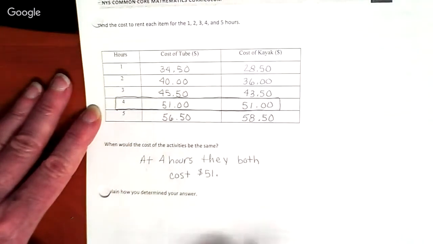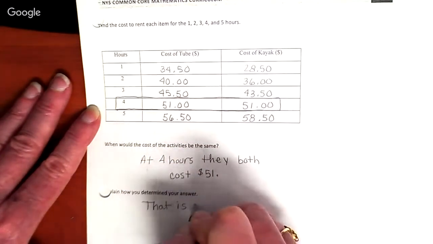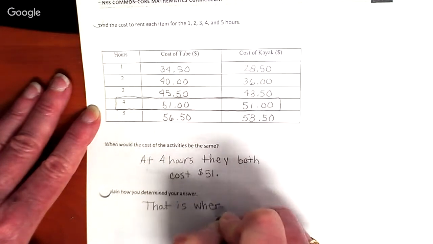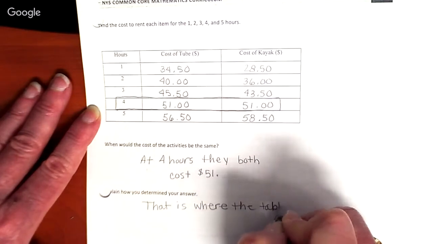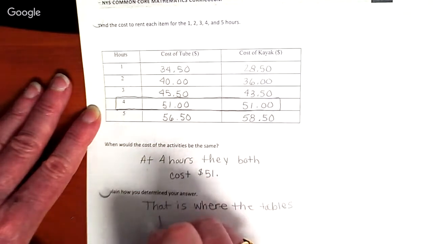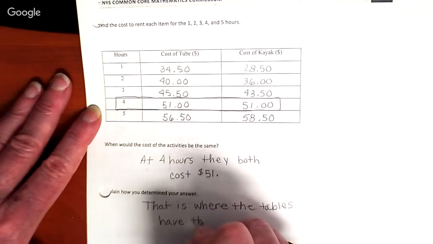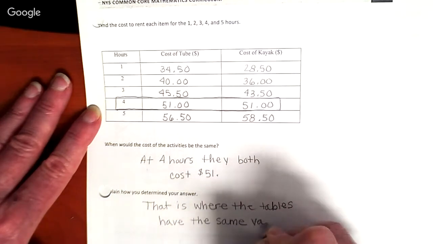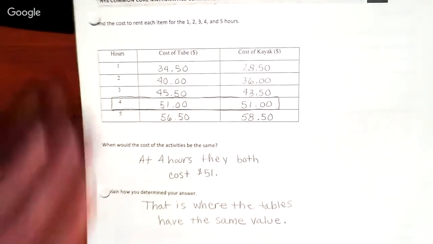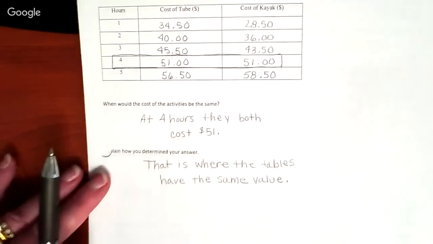Okay. Explain how you determined your answer. Well, that is where the table values have the same value. And that ends the lesson.